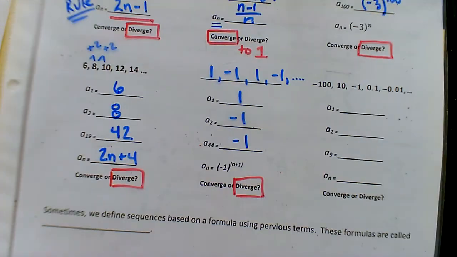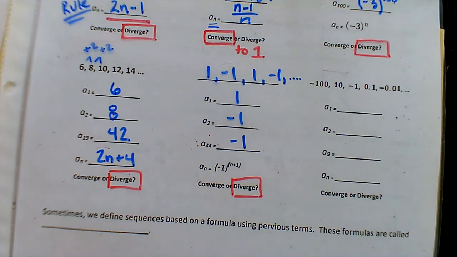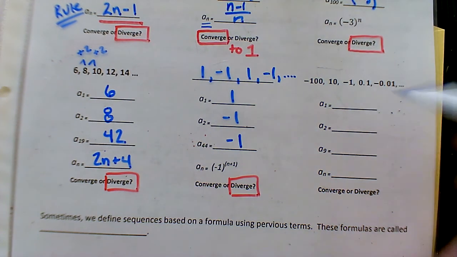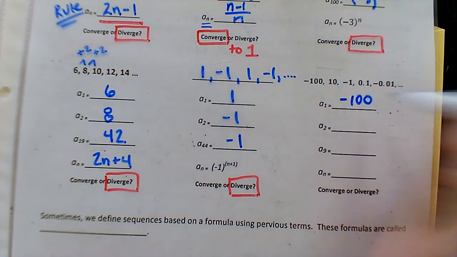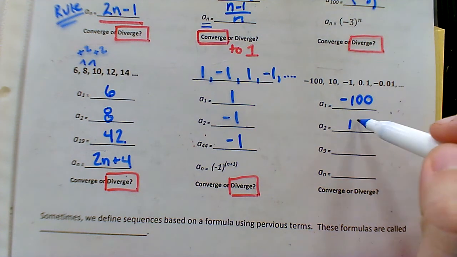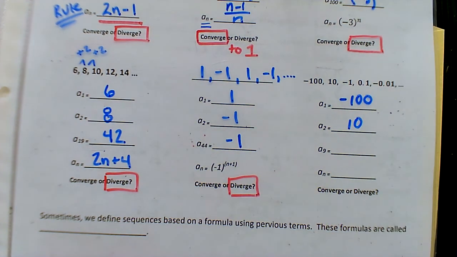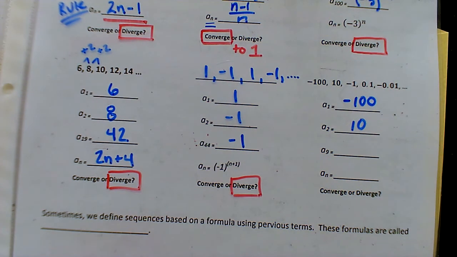All right, let's try the next one. So based off the sequence, the list of numbers, the first one's -100, the second term's 10. Can we figure out the 9th term? Or maybe we'll think of a rule first to help us with that.